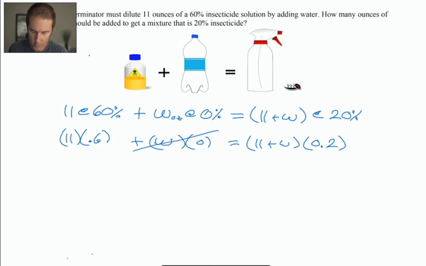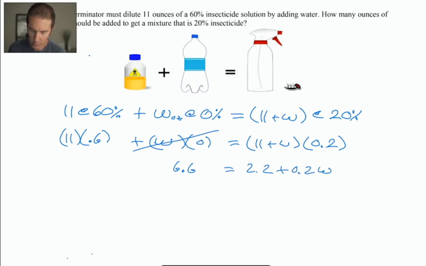This is going to go away because we're multiplying by 0. So I've got 6.6 on the left-hand side. I've got 2.2 plus 0.2 W on the right-hand side, by distributing this multiplication in from the right.